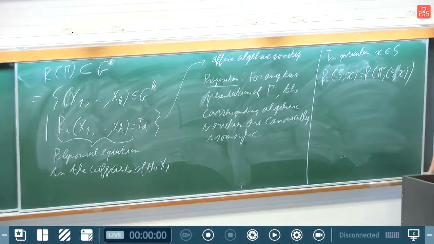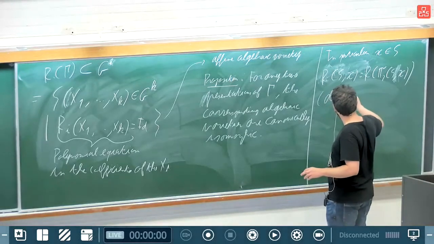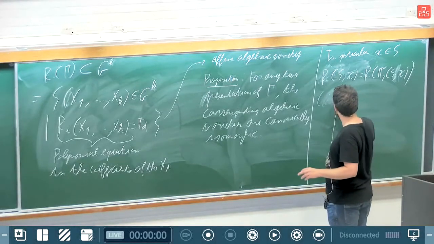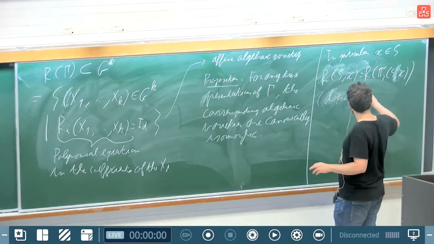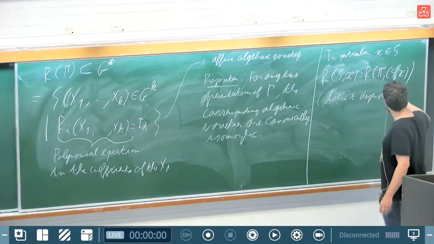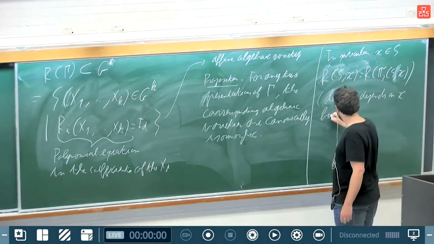I can choose a base point in my surface and consider the fundamental group, and then I can look at the representation variety of that. So I just wanted to mention here that it does not depend, of course, on the choice of the base point, but non-canonically.